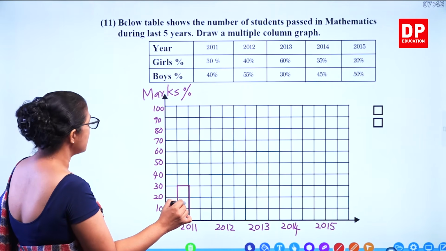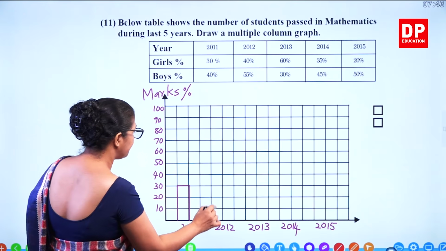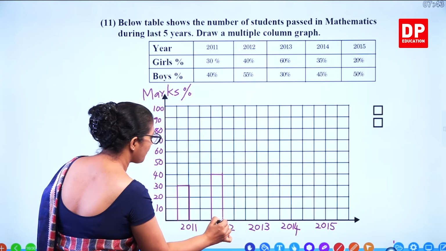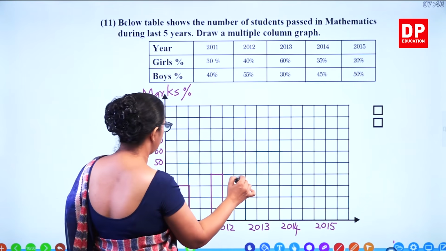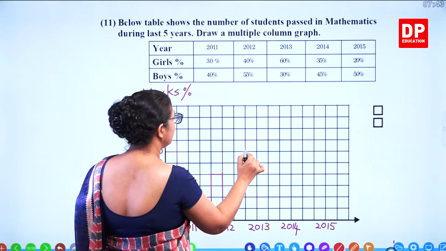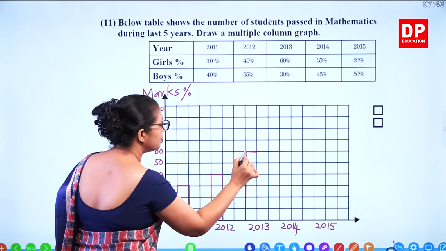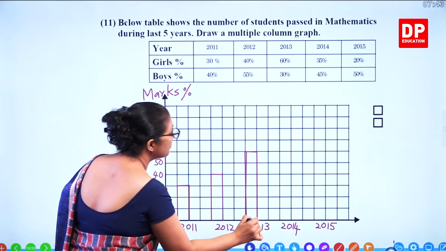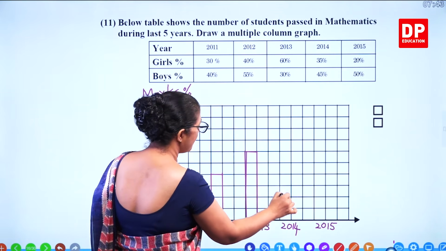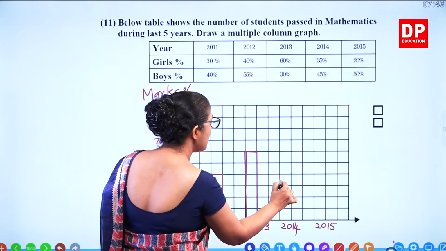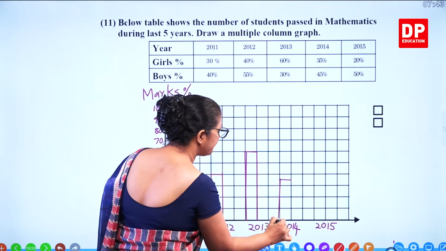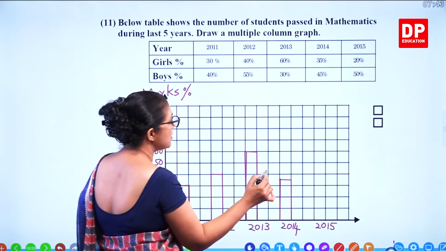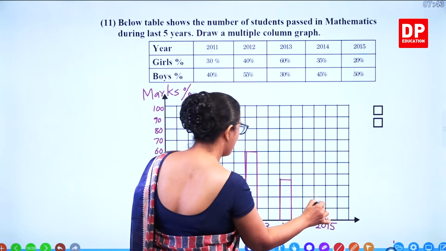And 40%, 2012. 60%. 35. 35 is in between here, 40 and 30. And 20%. 20% is here.